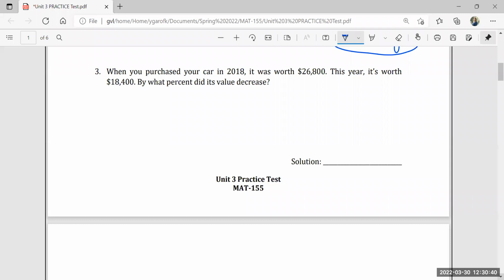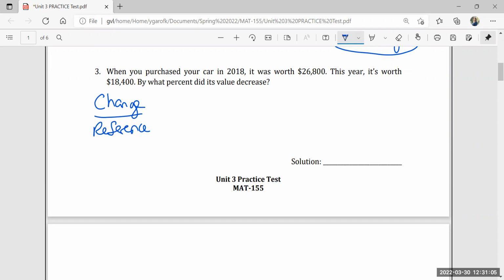Now we're going to move into a slightly different concept. When you purchased your car in 2018, it was worth $26,800. And this year it's worth $18,400. By what percent did its value decrease? Remember here that we want to look at the change and we want to divide it by our reference.